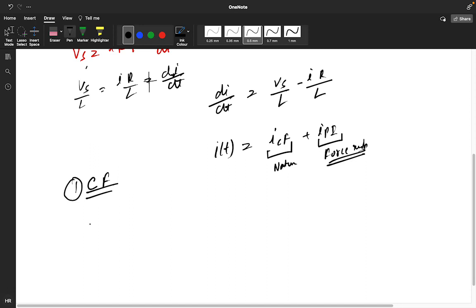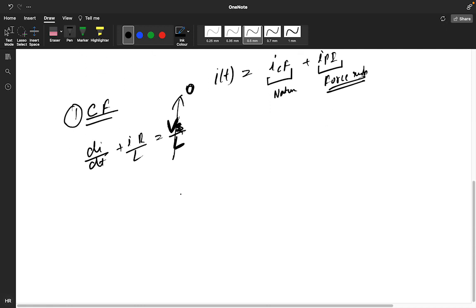I am taking di by dt plus I r by L equals Vs by L. We already said that for finding the complementary function we do not require the input source, so we'll make it 0. We'll discuss these things deeply in maths, like Bernoulli's theorem and all.